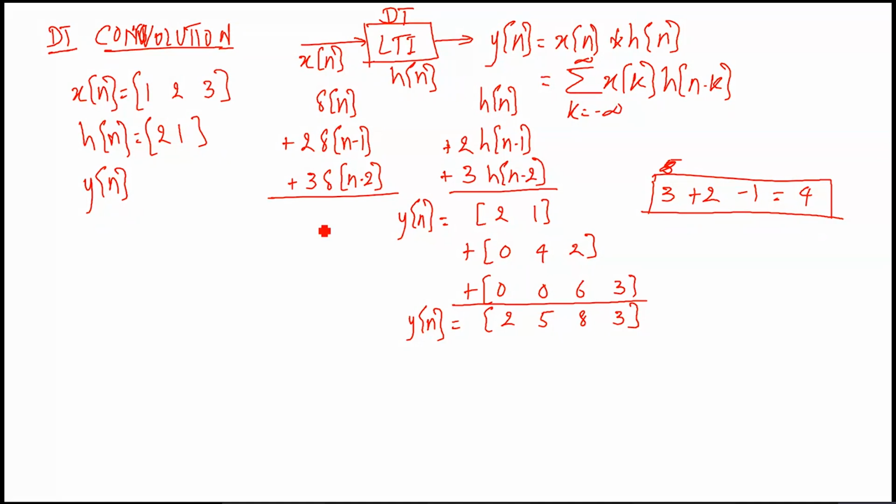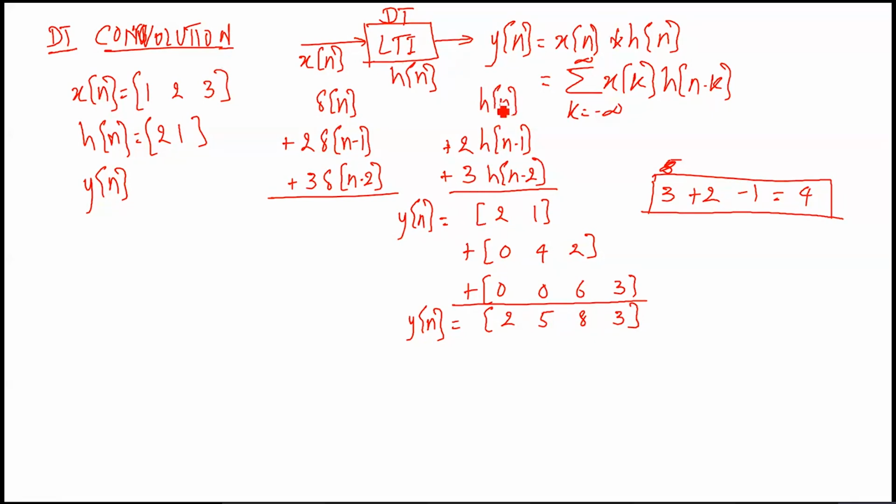So this is the basic method where we have broken down x of n in terms of delta n, 2 times delta n minus 1 and 3 times delta n minus 2, and found the output for each input. If all of them are given as a sum as an input, the output would be the sum of all these outputs.